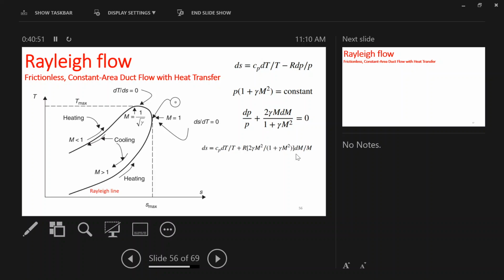So we are dealing with a subsonic Mach number at a specific temperature. You are heating your flow, which means that your temperature is going to rise. And at some point the change in temperature with respect to entropy is going to be zero.